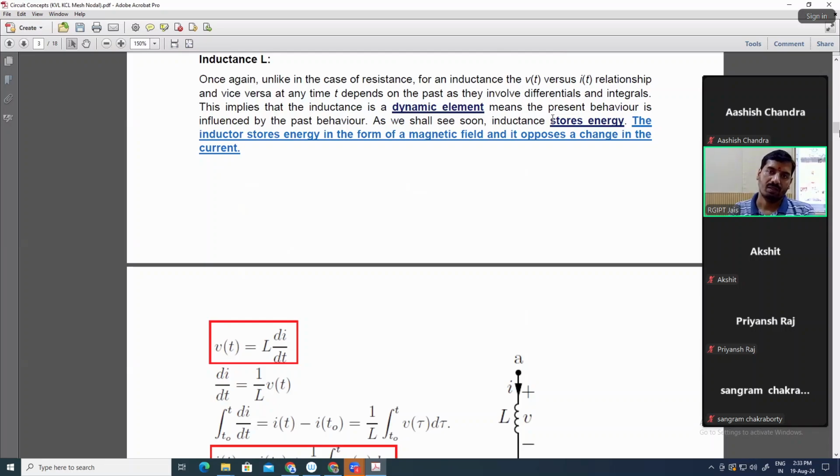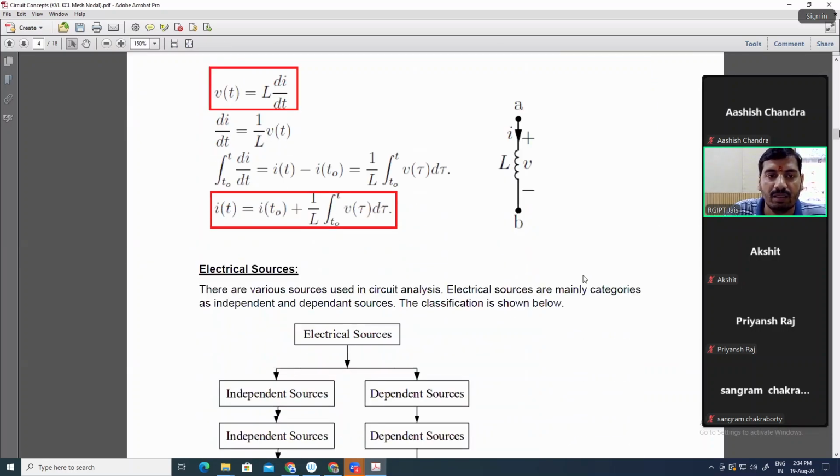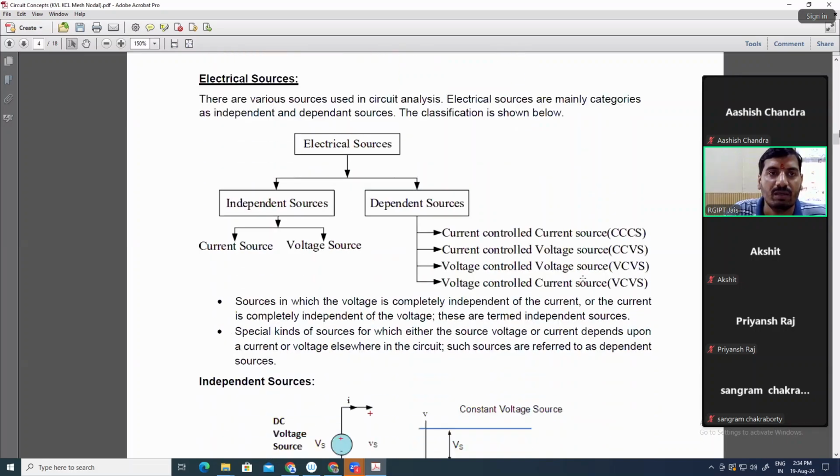It opposes the sudden change in current through the inductor, so sudden change of current through the inductor will not be there. Similarly, sudden voltage change will not be there in a capacitor. Those basic things you have to remember.